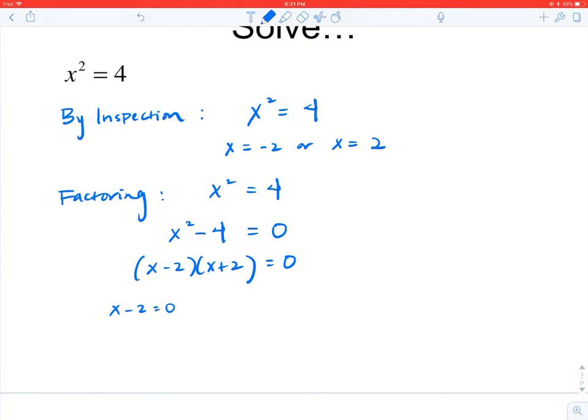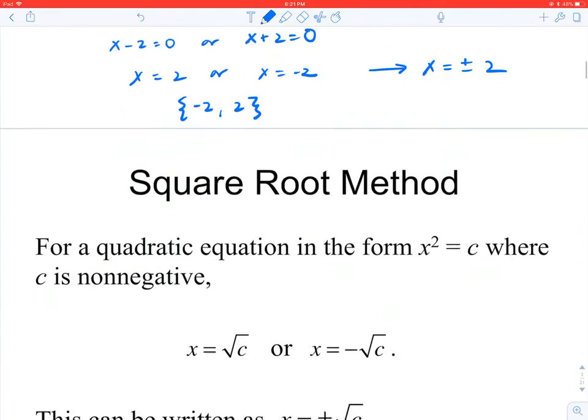And then by the zero product property, x minus 2 equals 0 or x plus 2 equals 0. So x equals +2 or x equals -2. We can also use set notation to represent those solutions, or this can also be written as x is equal to ±2.